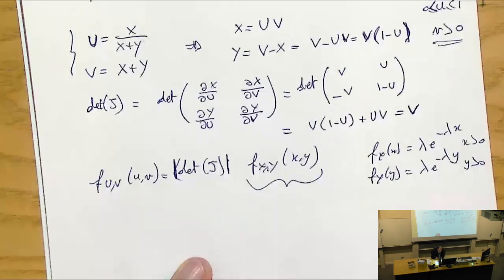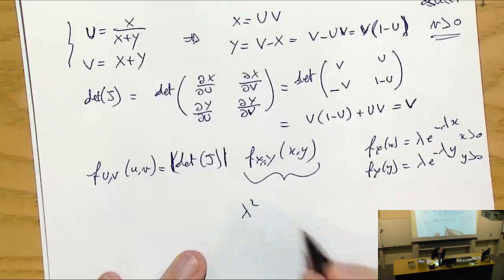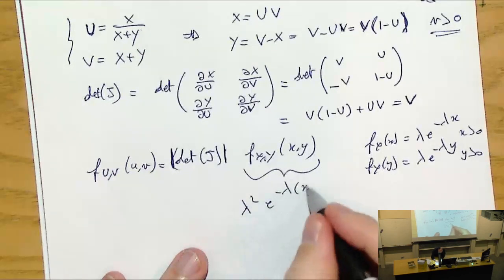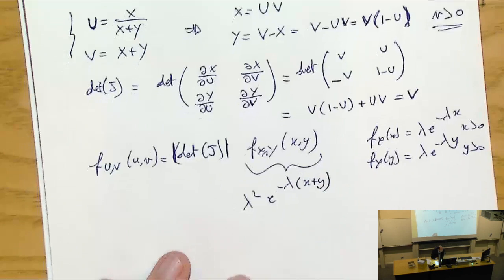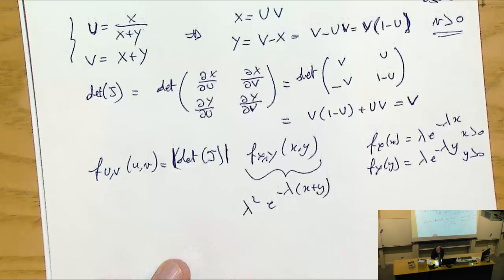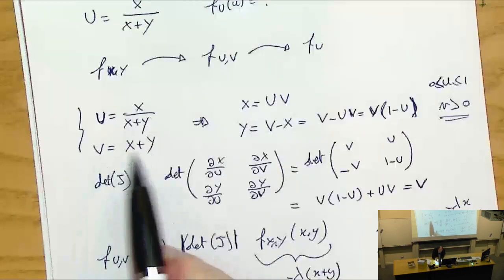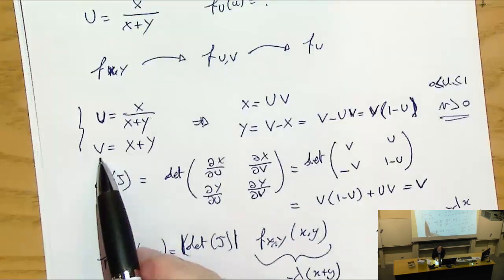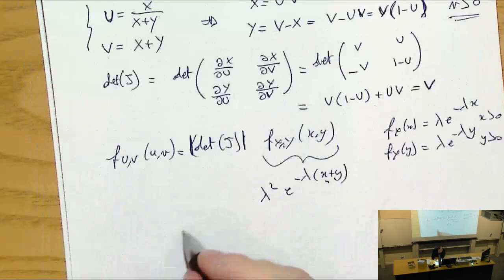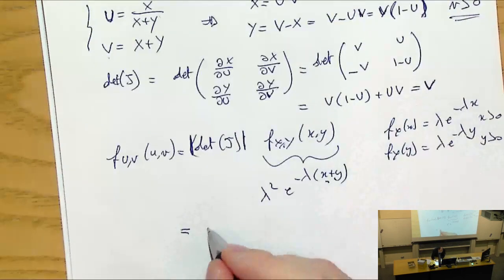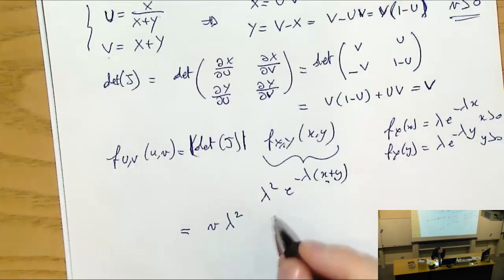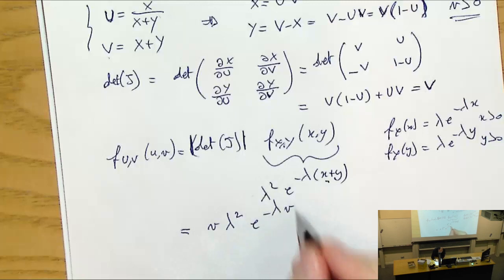And so this quantity here will be lambda squared e to the minus lambda (x plus y), just the product of the two because they're independent. Now x plus y, we saw, is v. So essentially what I have here is v multiplied by lambda squared multiplied by e to the minus lambda v.